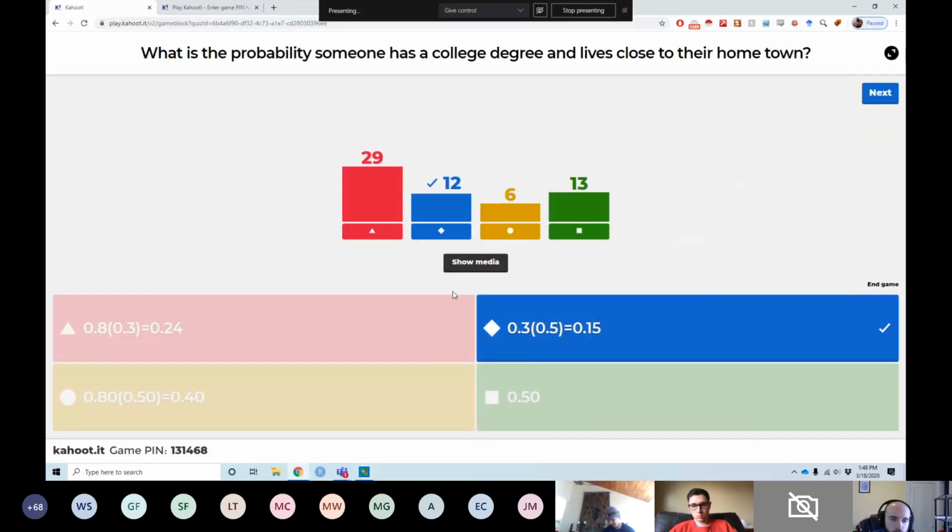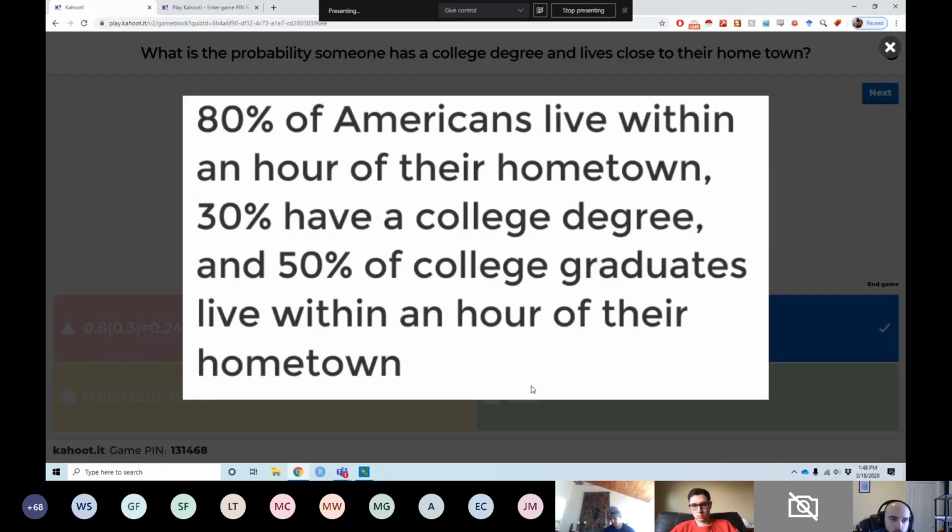But if we look back, being independent means that if we know somebody has a college degree, that shouldn't change the probability that they live within an hour of their hometown. And it does. This is our conditional probability: the probability that someone lives close to their home if they have a college degree. That's different from the probability that anyone lives close to their hometown. If someone has a college degree, it drops from 80% down to 50%.